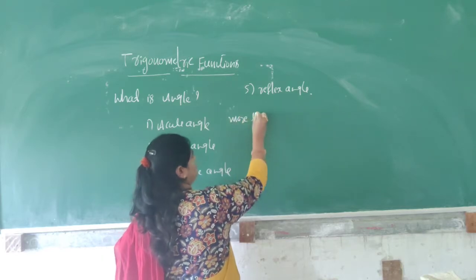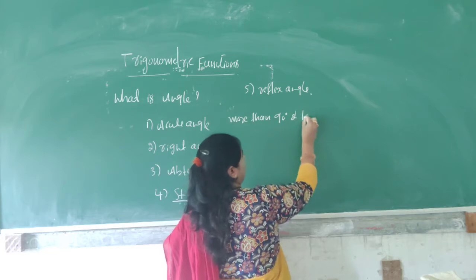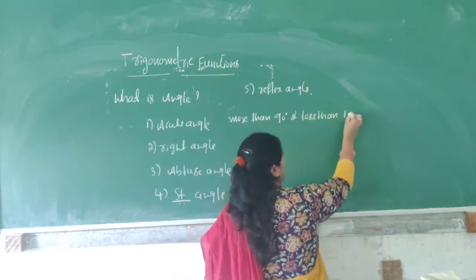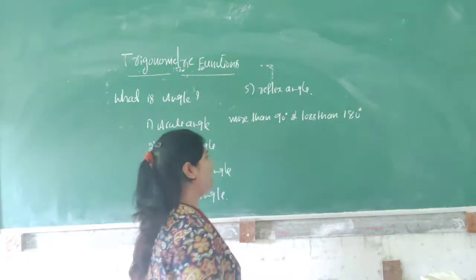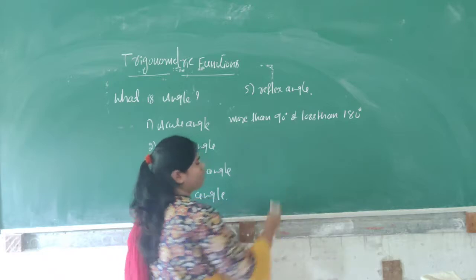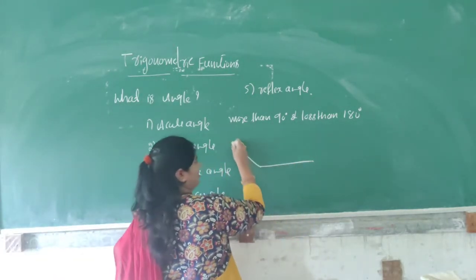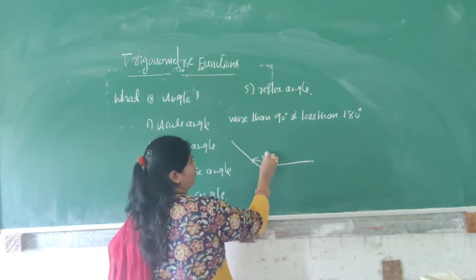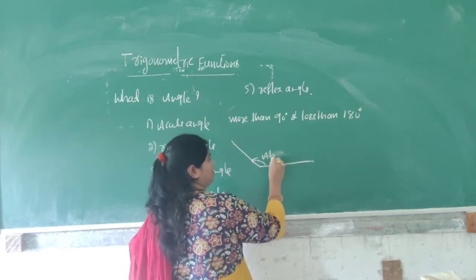So it should be greater than 90, no? And it will be like this. This one is acute angle. Obtuse. Okay, obtuse angle.